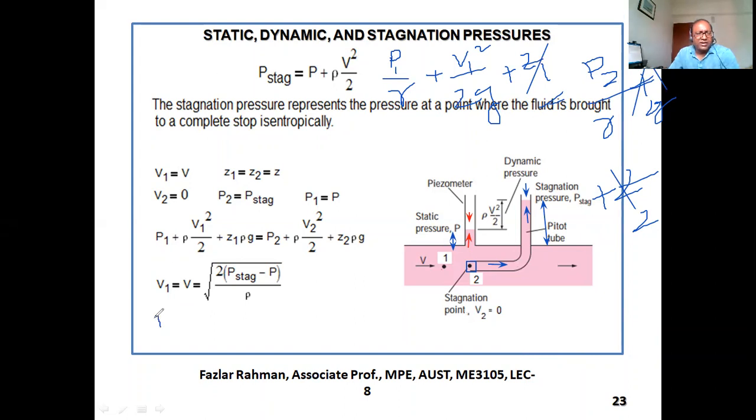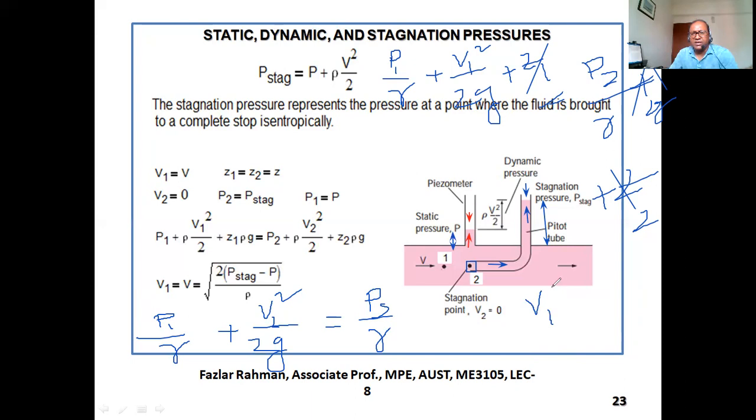On the left side, you are getting P1 divided by gamma plus V1 square divided by 2g, equal to P2 by gamma on the right side, right? This P2 is called stagnation pressure because at this point the velocity is 0, and you make the velocity 0 forcefully. So this is called stagnation pressure. By rearranging this equation, you can figure out V1 from here. How?